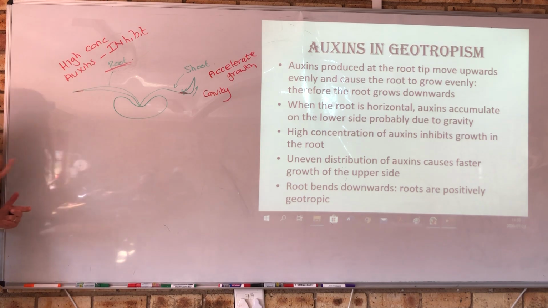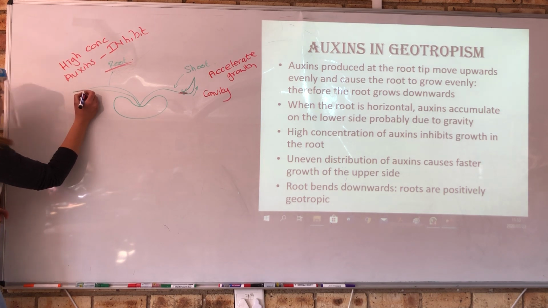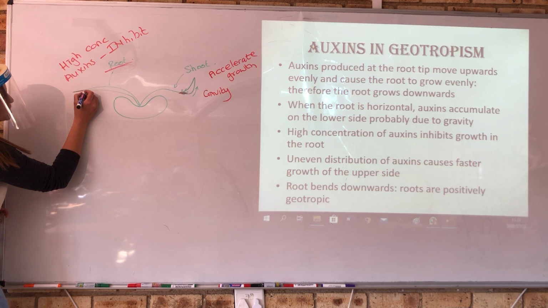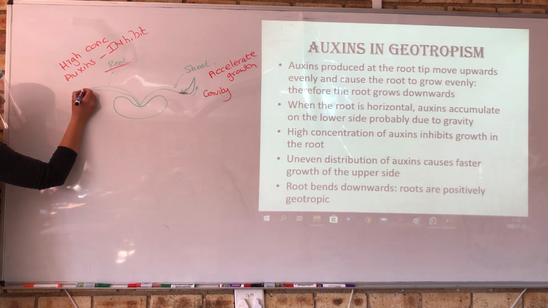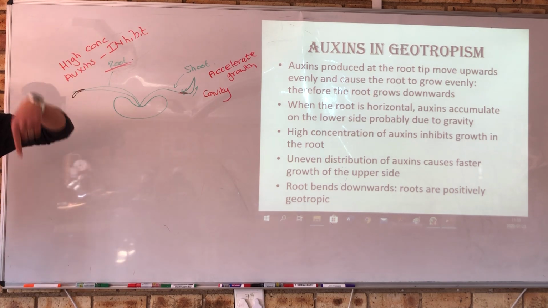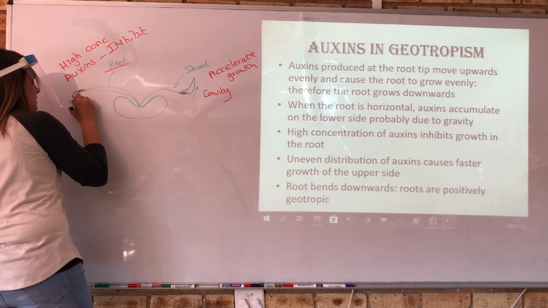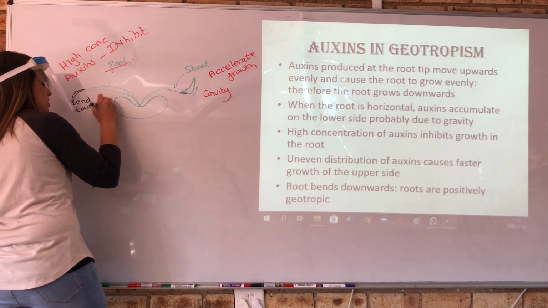Okay, so this part of the root slows down, which means this side is accelerated. Do you agree with me? Because this side is inhibited, and so this side is accelerated, and the root will start to bend down. Okay? So the root will start to bend towards the ground.